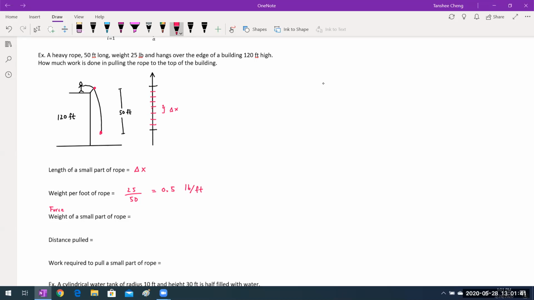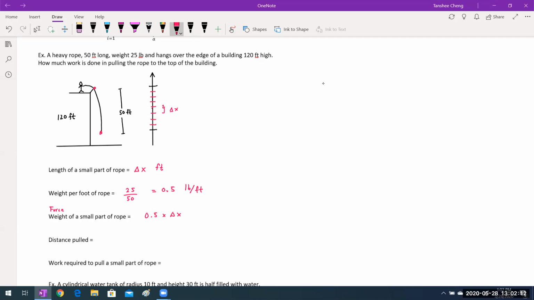Let me write this as pounds per foot. I want you to keep track of the units also, so you can see why we are doing this and that it makes sense. Now the weight of this little small portion is 0.5 times delta x.